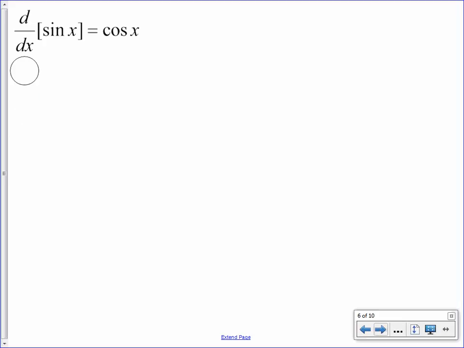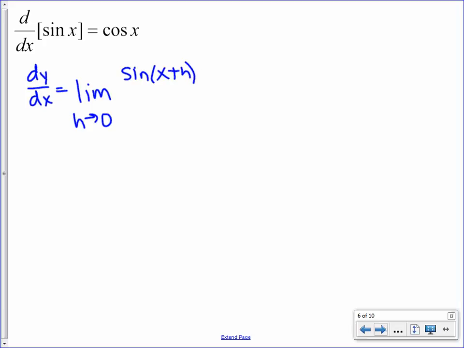So the derivative would be the limit as h approaches 0 of the sine of x plus h minus the sine of x, all over h. Okay. Now last year in pre-calculus, you had some sum and difference formulas, right?